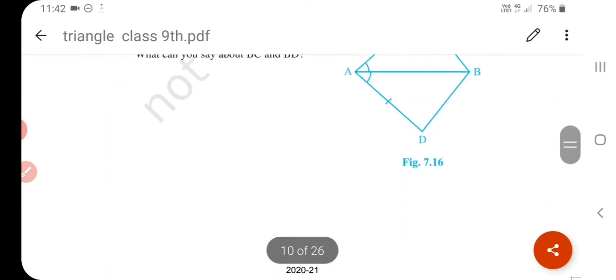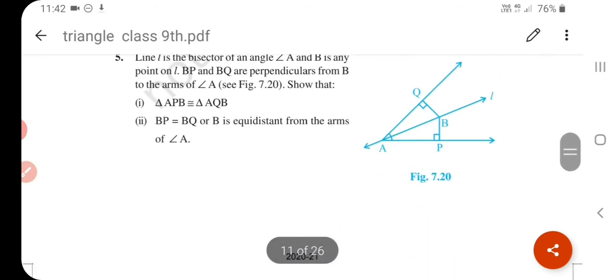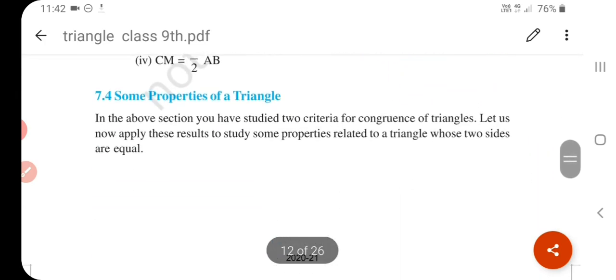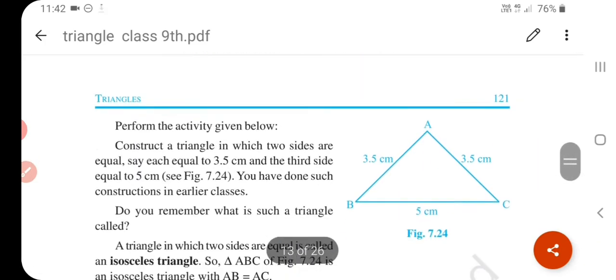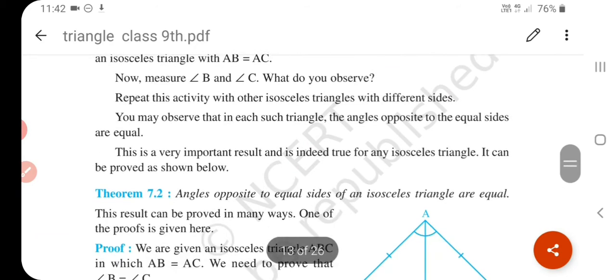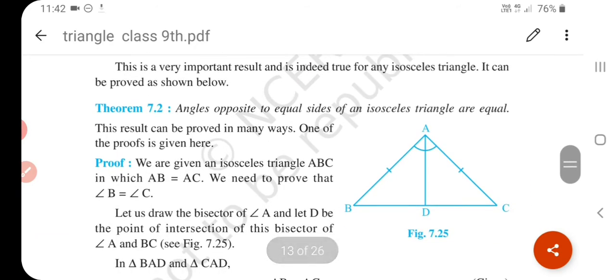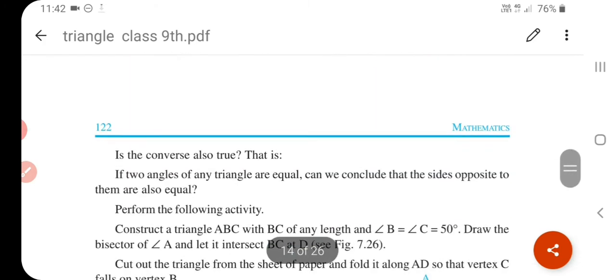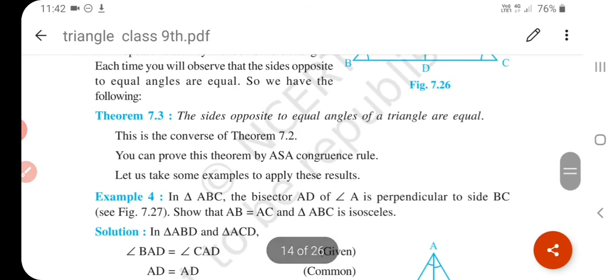Some properties of triangle, in this section we learn angles opposite to equal sides of an isosceles triangle are equal. And what about our second theorem? Our second theorem says that the sides opposite to equal angles of a triangle are equal.